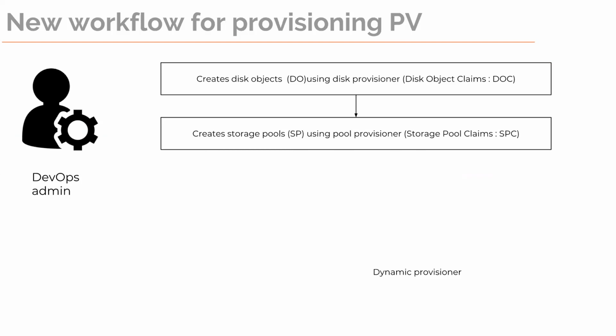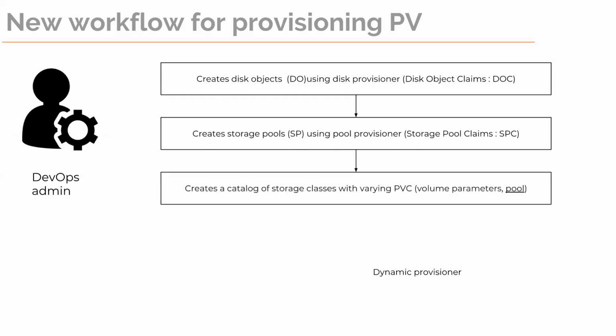And once the disk object claim is created, the disk provisioner will create a disk object, and then it is fed into a storage pool claim, which creates a storage pool. And with those storage pools, the DevOps admin will create a catalog of storage classes for developers to use.